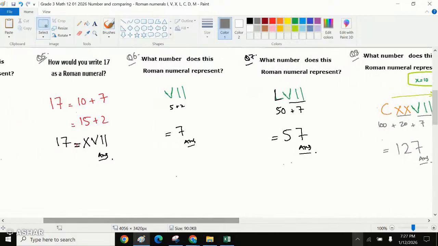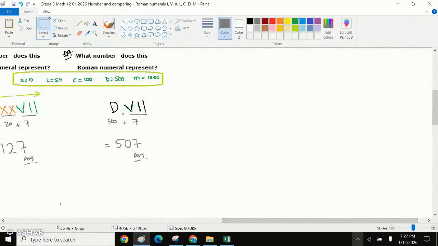25 as a Roman numeral. Just a minute, please. I'll copy the statement so that I can write the question. For question number 10, I'll change this number.